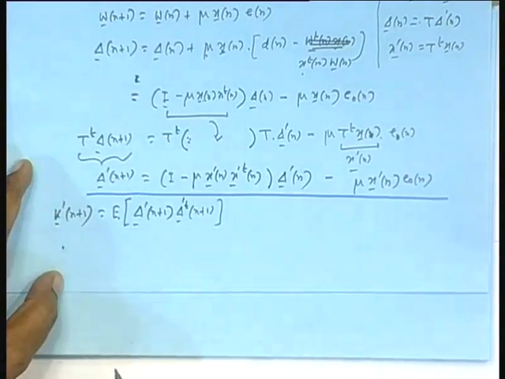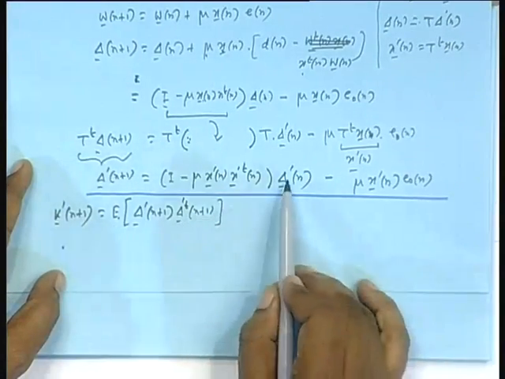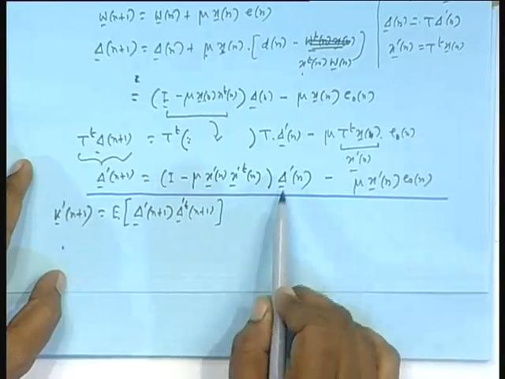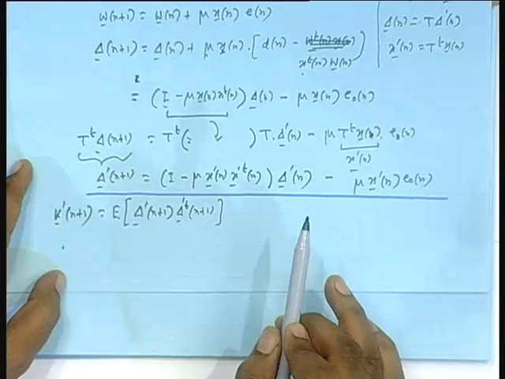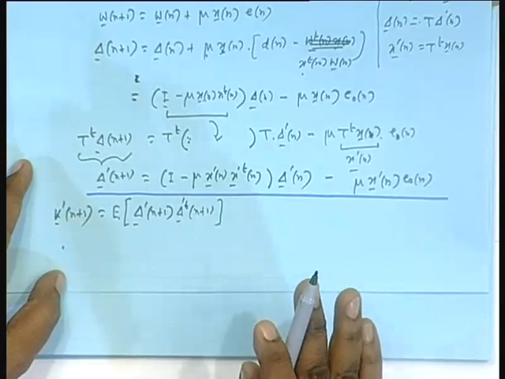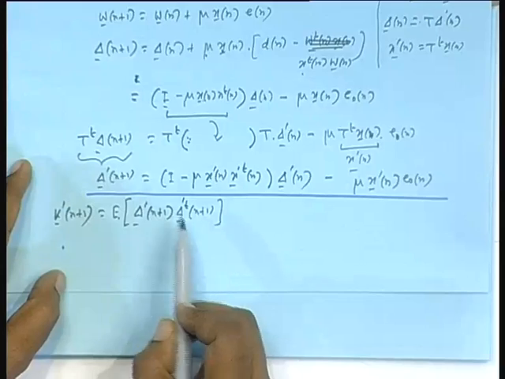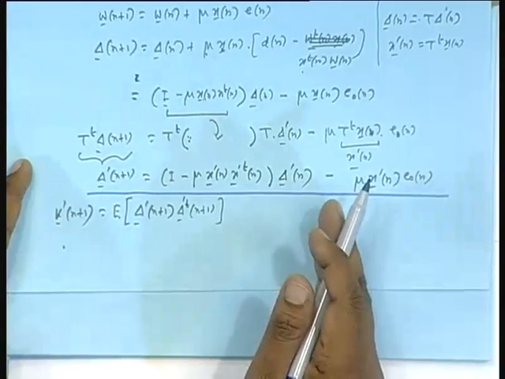So here the first term will be what? E is always there, I into delta prime n, that is delta prime n, and below delta prime transpose. Please get used to this. When I have the transpose of this, I into delta prime n, that is delta prime n only, that transpose.